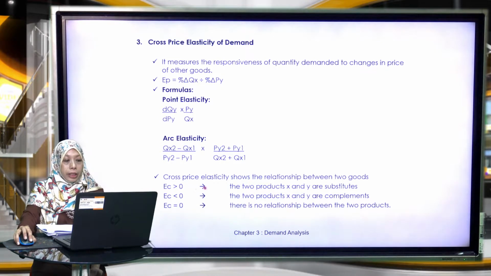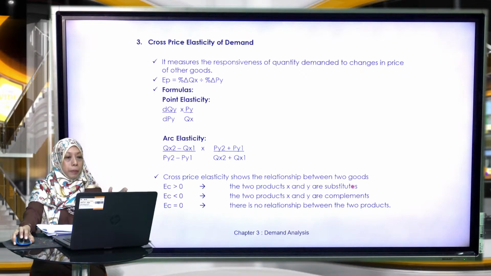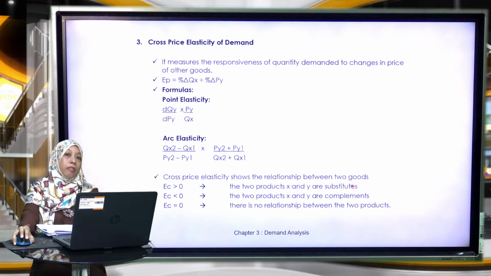So if the value is greater than 0, or if the value is positive, then products X and Y are said to be substitutes. Substitute means that X and Y can be used in place of one another.